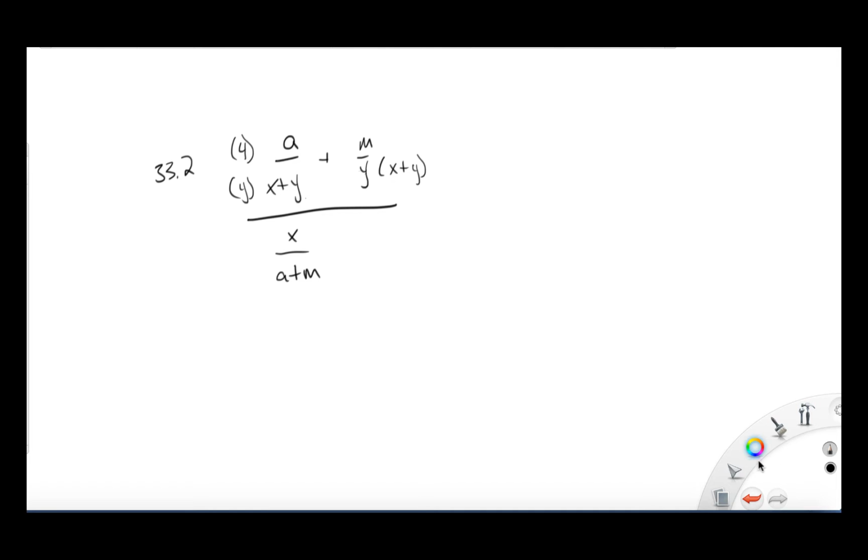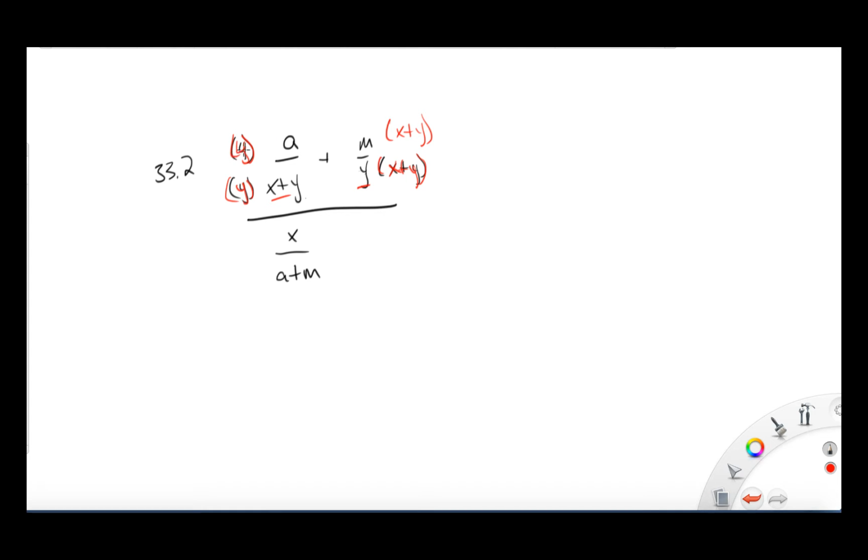These two terms, should have done this in red, these two terms are not the same. All right, so because this term and this term isn't the same, we have to multiply it by the opposite, so x plus y. Now, when we do that, we're going to be able to cancel some things out, and you're going to see what that turns into, okay?